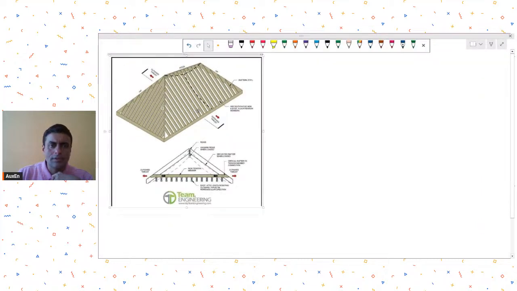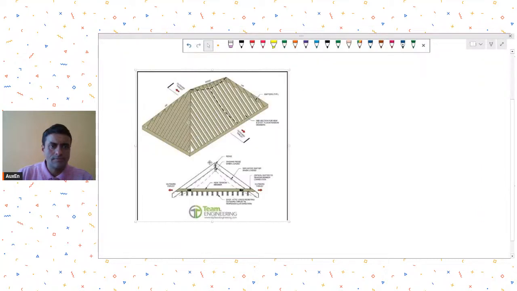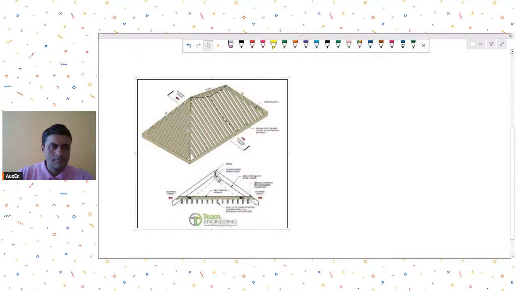Right, so I hope this is visible. His query is related to this structural system for this hipped roof arrangement, and he is asking what is the structural arrangement for this hipped roof made out of steel.